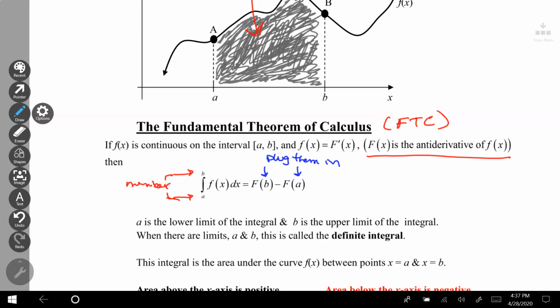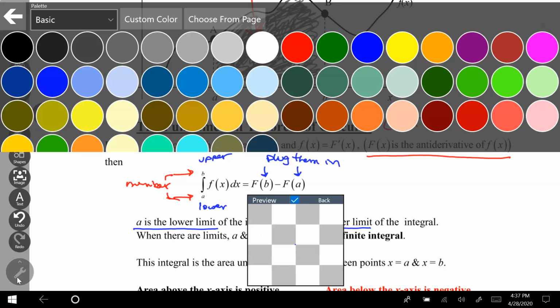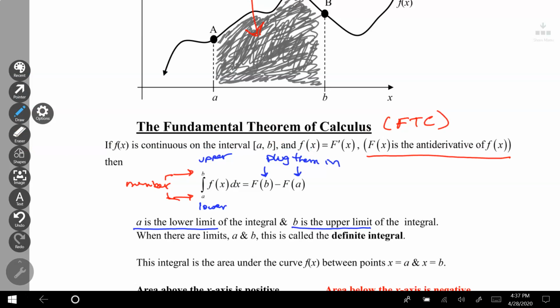and I plug them in to my antiderivative. The number on top is called the upper limit, and the number on the bottom is called the lower limit. These are my limits. Whenever I plug in these numbers, it's always the upper limit minus the lower.